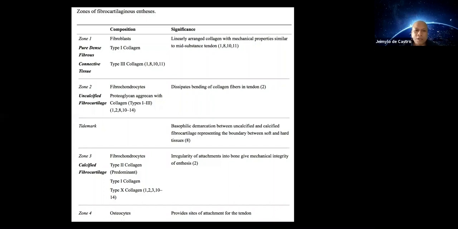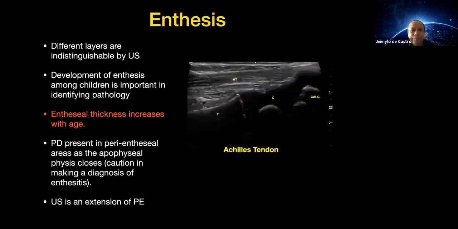So the zone 4, as you can see here, is the one that provides sites of attachment for the tendon. But the tide mark is the demarcation between what is considered to be an uncalcified layer versus the calcified layer, which is the boundary between the soft and hard tissue.